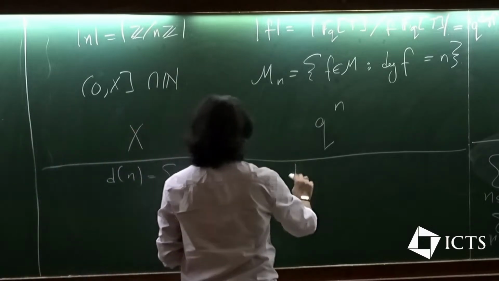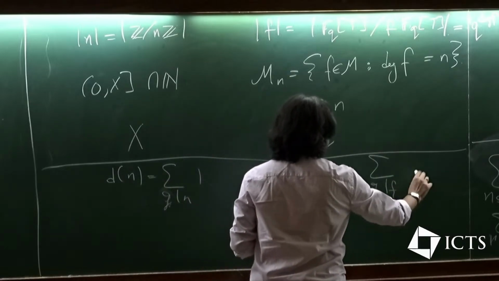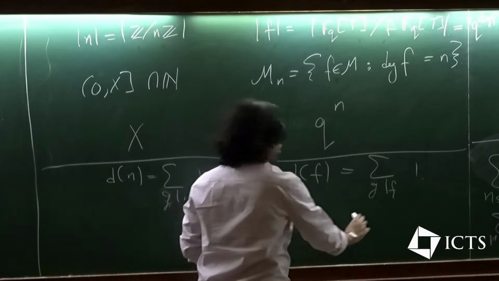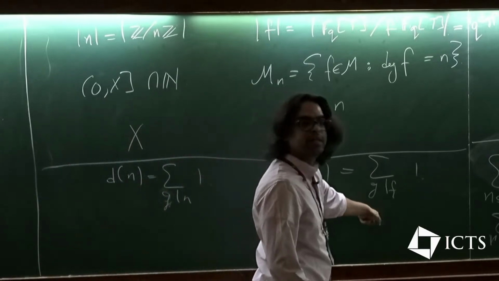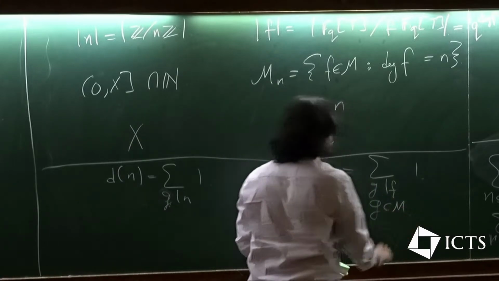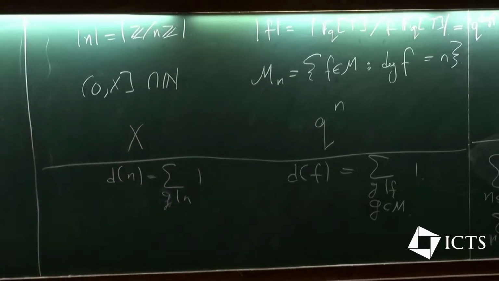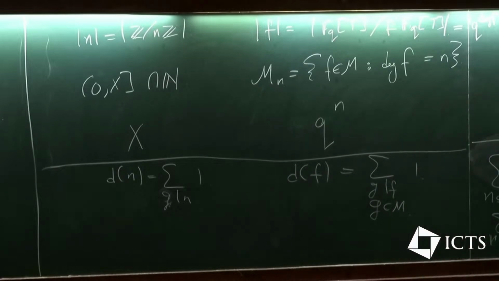So the divisor function of f here will be similar. So you're summing over polynomials which divide f. But here you don't sum over negative integers, right? So here you won't sum over polynomials unless they're monic. So every time I write something like this, it's implicit that the summation variable is monic. And it makes sense when you go to the Dirichlet series side of things.